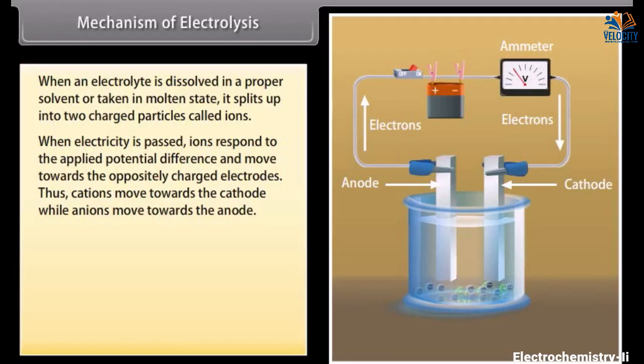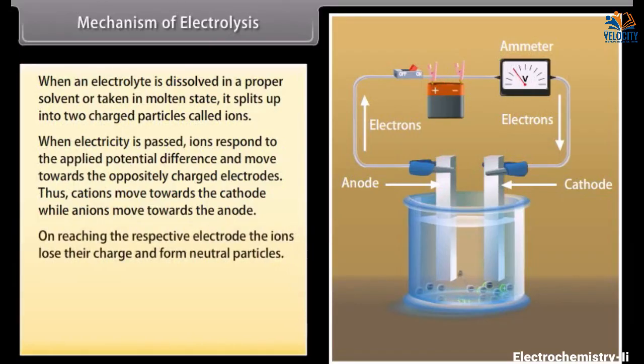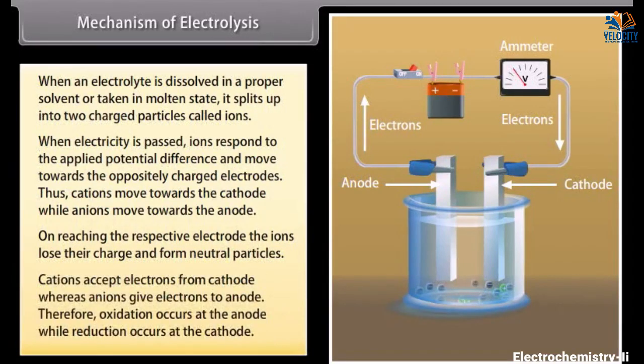Thus, cations move towards the cathode while anions move towards the anode. On reaching the respective electrode, the ions lose their charge and form neutral particles. Cations accept electrons from the cathode, whereas anions give electrons to the anode. Therefore, oxidation occurs at the anode, while reduction occurs at the cathode.